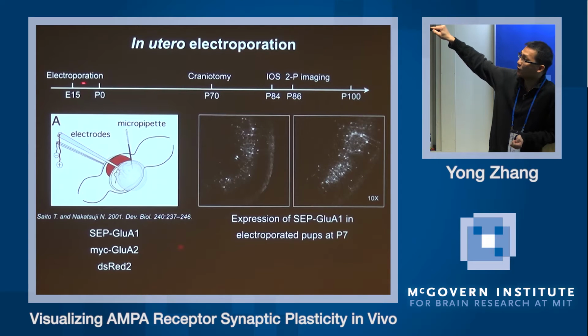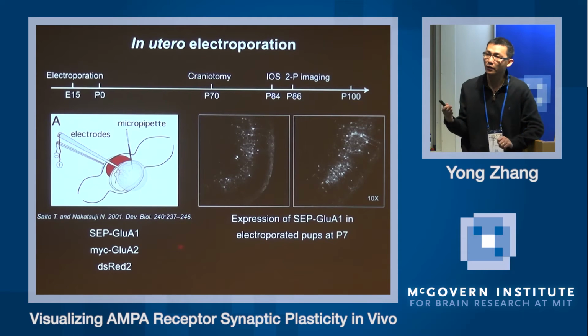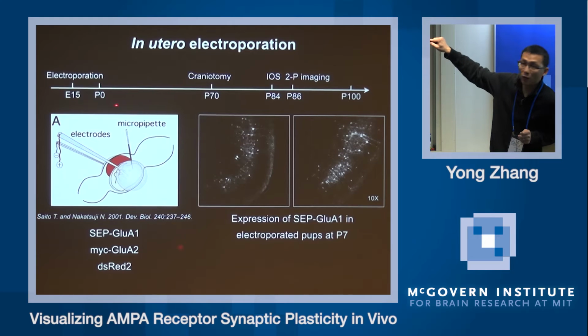A nice thing with this method is that, depending on the time you do the electroporation, you can target different layers of pyramidal cells, which gives some flexibility in studying which layer of neurons. In our case, as I said, we are interested in the layer 2-3 population of neurons. We do in utero electroporation at E15, and then we wait for the pups to be born.